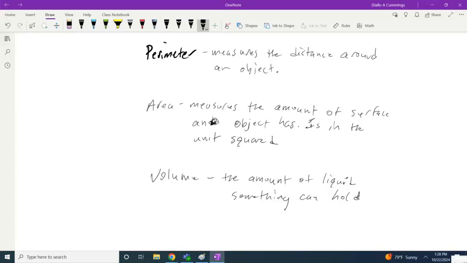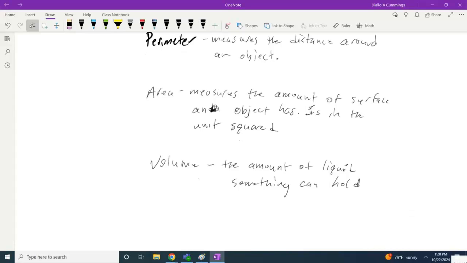So for example, cubic liters or cubic gallons, that sort of thing, right?